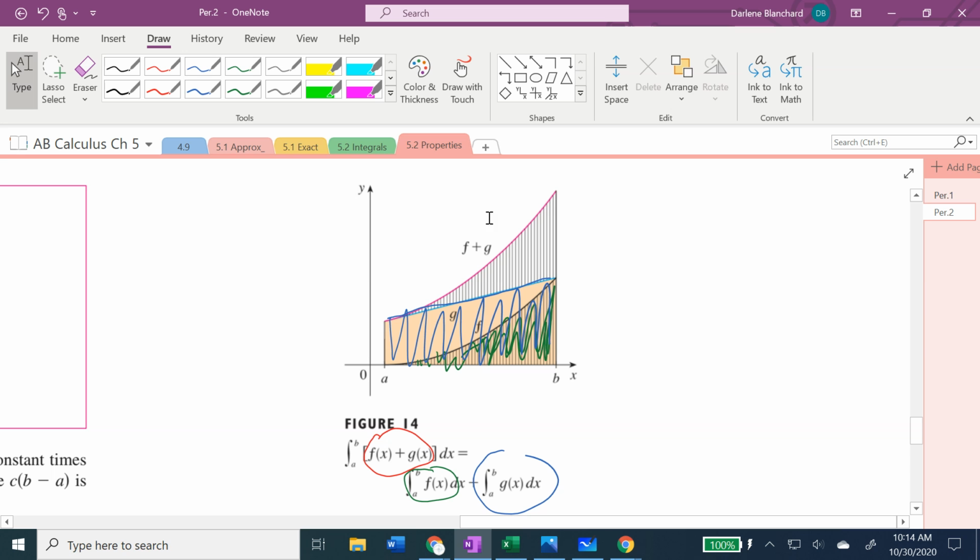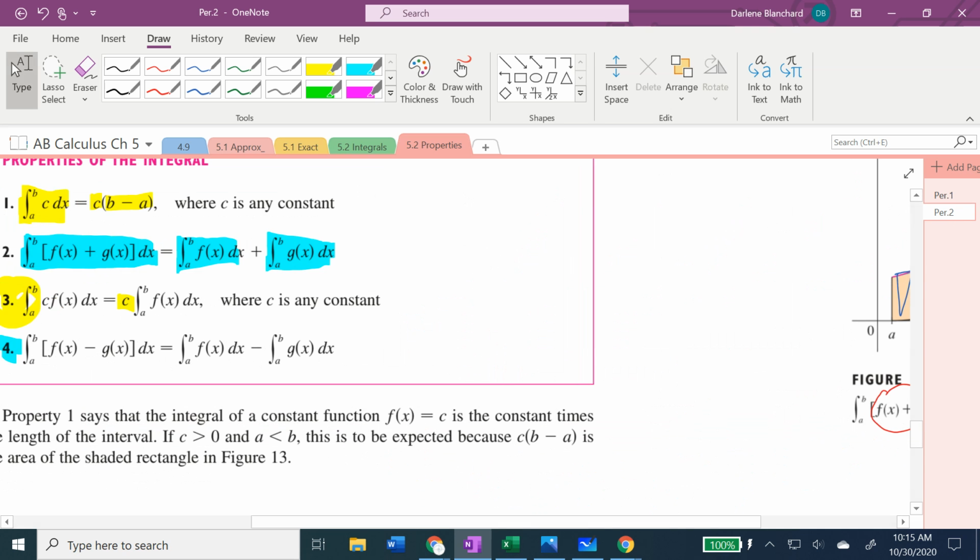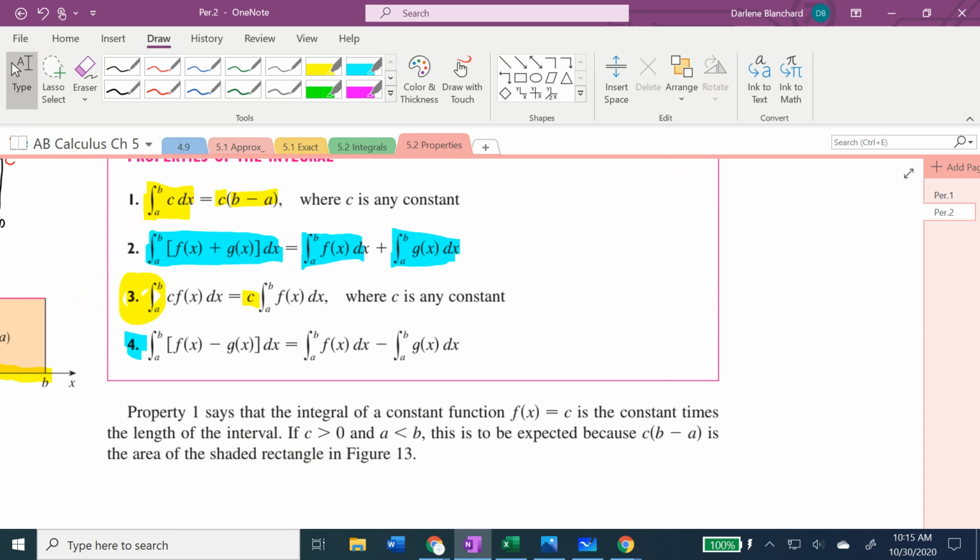So it's a way of showing you graphically what we saw through the antiderivative, just to reinforce those rules.